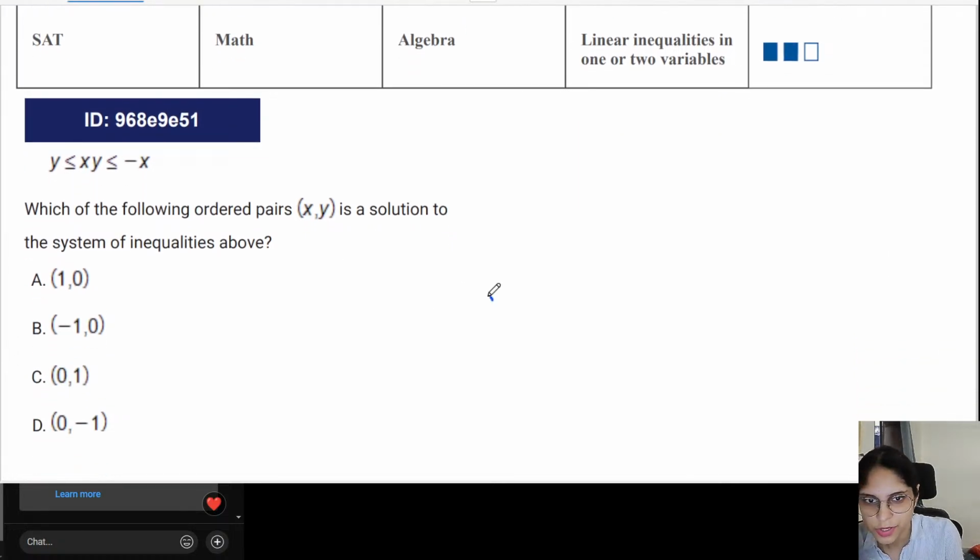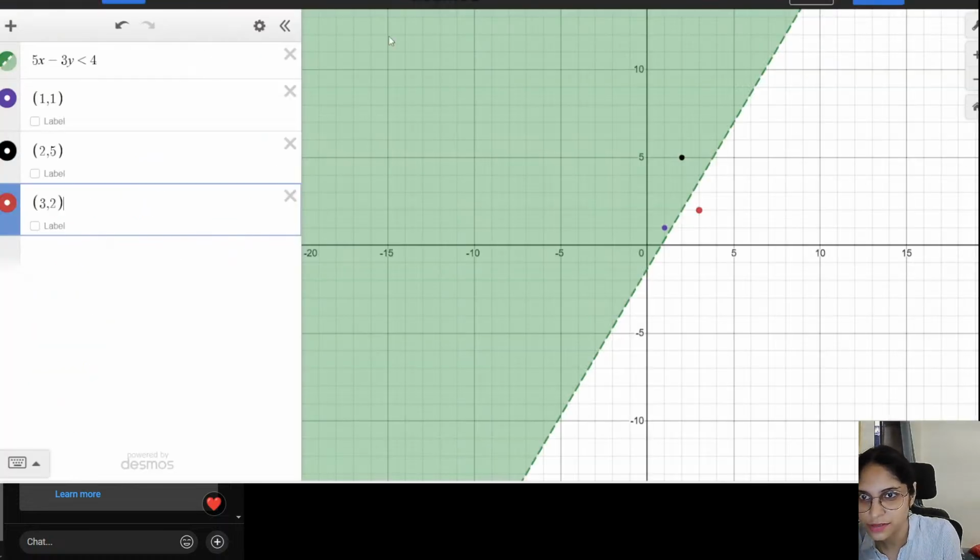Yeah, so this is a weird equation. So just go to Desmos and check points. So you have y is less than or equal to x, y is less than or equal to negative x.